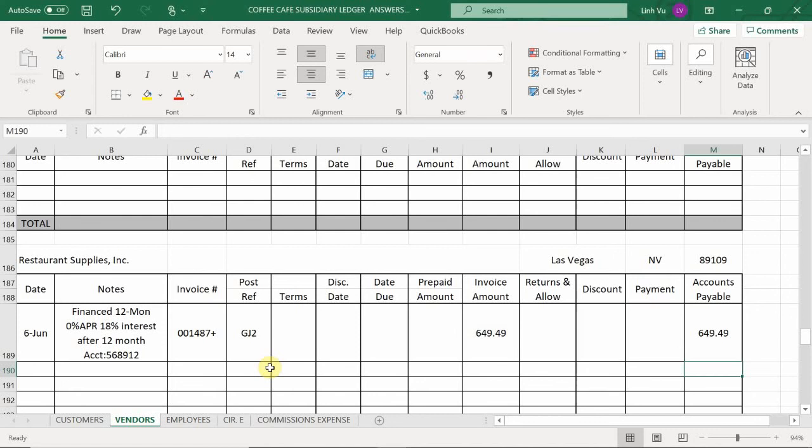Again, since this is your books, if you don't know what that transaction was or you don't have a reference point to it, it only makes it harder for you to understand, because you're the one handling the books. If I were to look at your work and you didn't put anything in there, I wouldn't know what your transactions are.